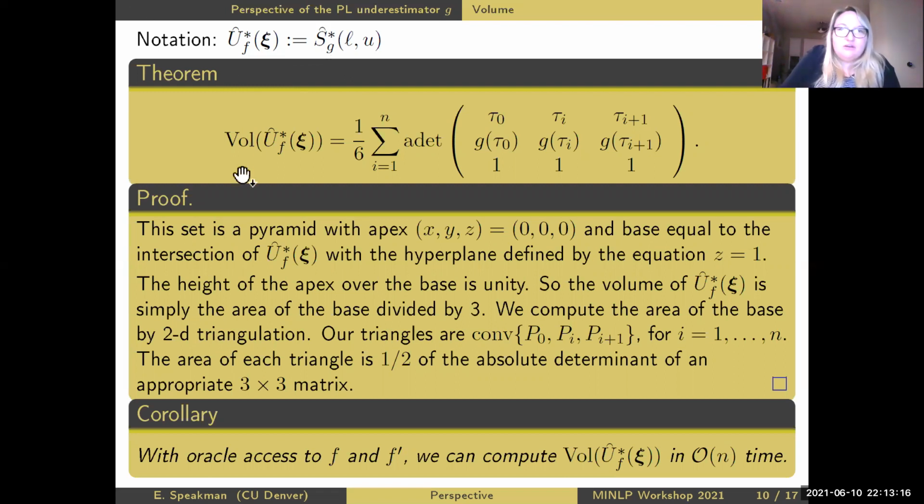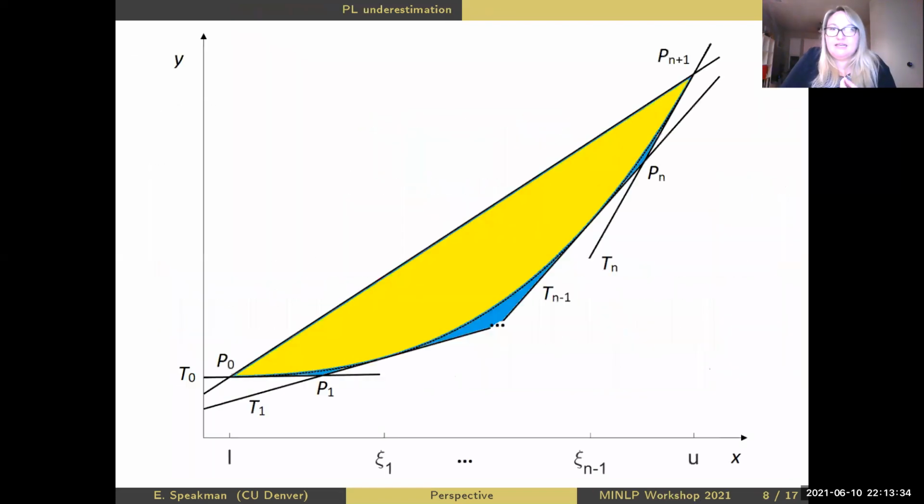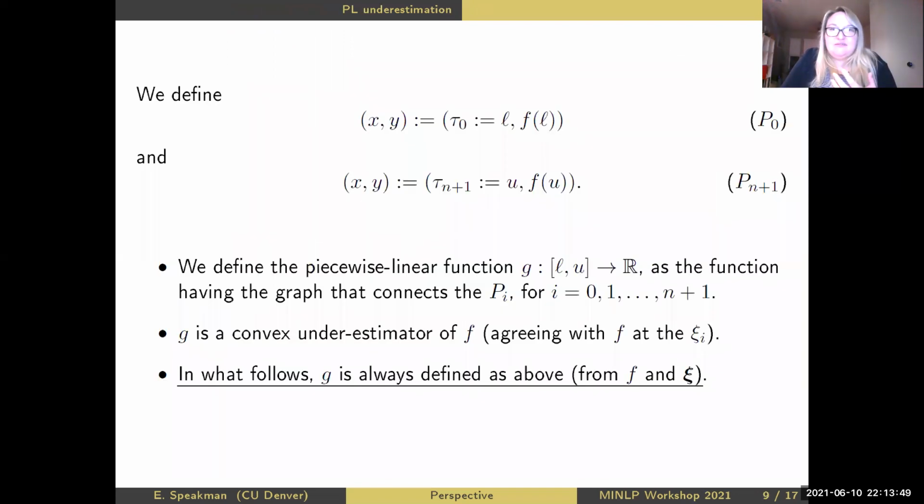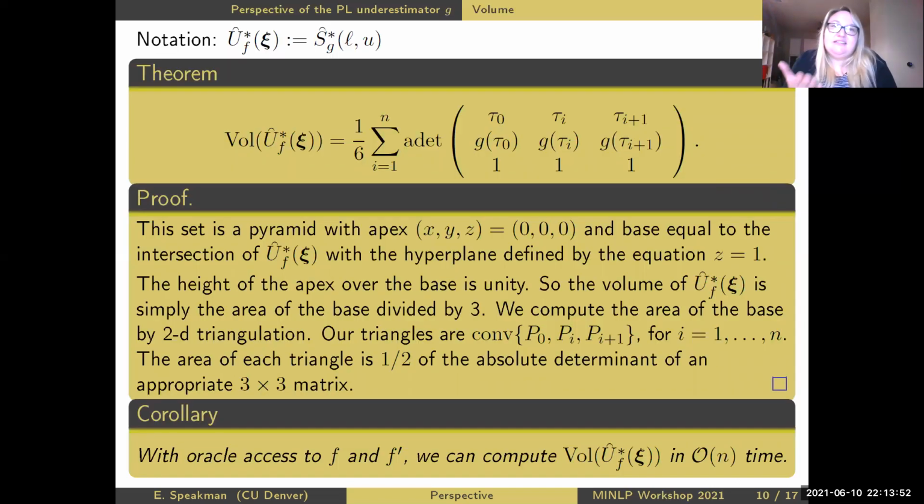Now, the volume of this object, it turns out we can compute by this simple determinant computation. So the way to see this is that this object is in fact just a pyramid. The apex of that pyramid is that origin point. The base of that pyramid is essentially the slice, so the piece we have here that now is in fact polyhedral because we did the piecewise linear under-estimator, so it's the yellow part and the blue part.